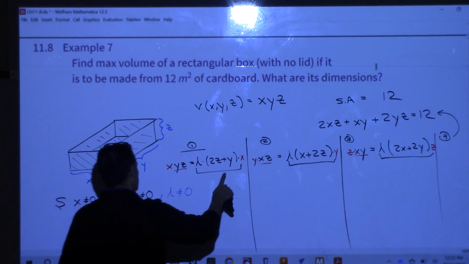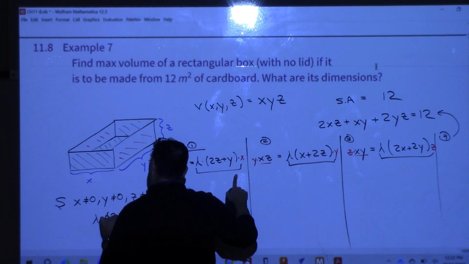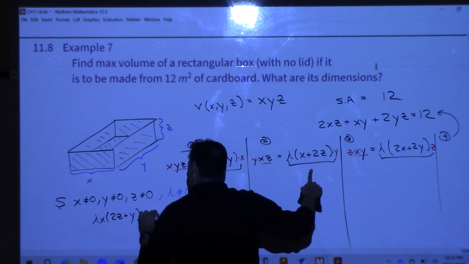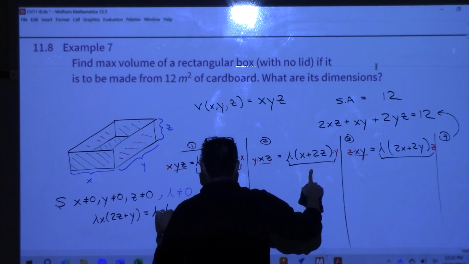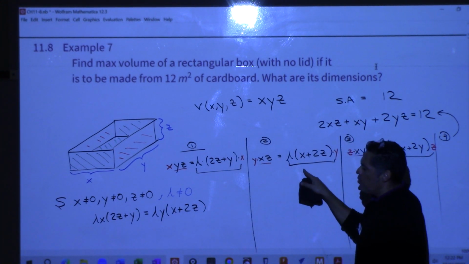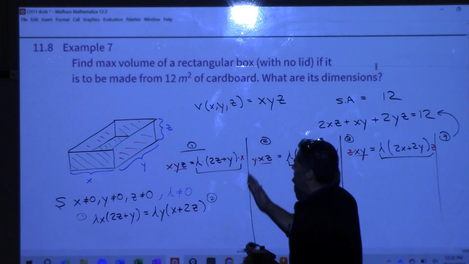I can say that lambda x times 2z plus y equals lambda y times x plus 2z. So that's me setting equation 1 and equation 2 equal to one another, right?